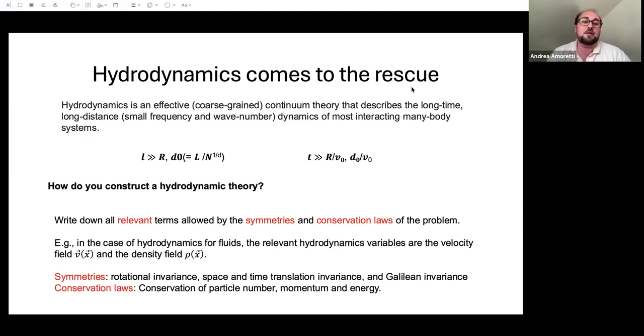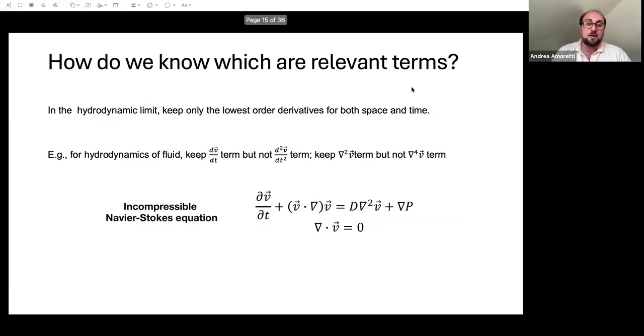Then you decide what symmetries you must retain. For example, in the standard fluid, you have rotational invariance, space and time translation, and Galilean invariance. And you set the conservation laws. So you want the conservation of particle number, momentum and energy in a standard fluid.